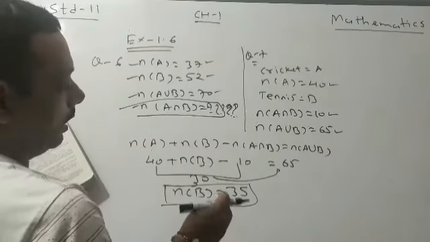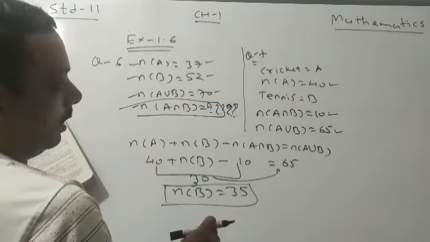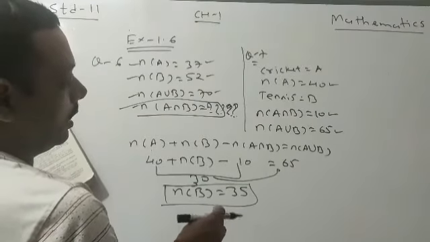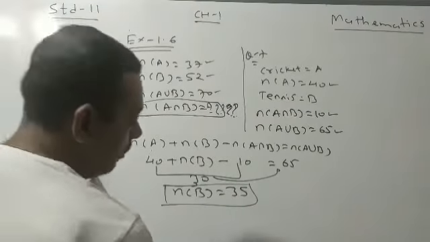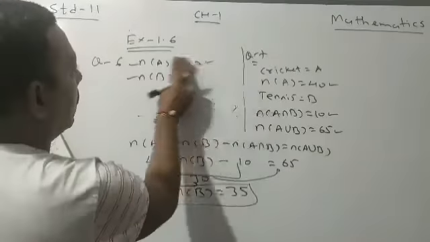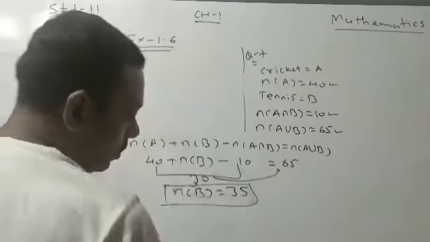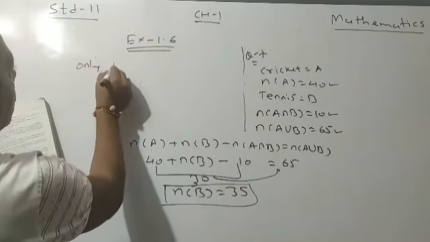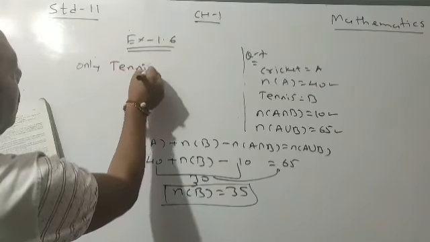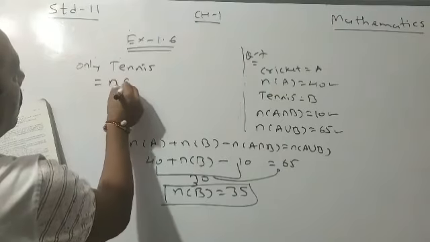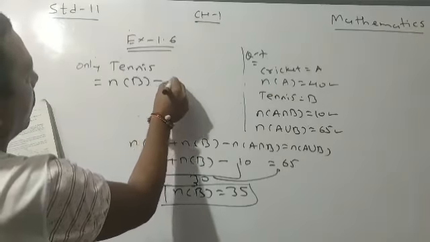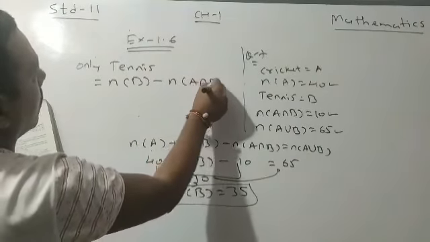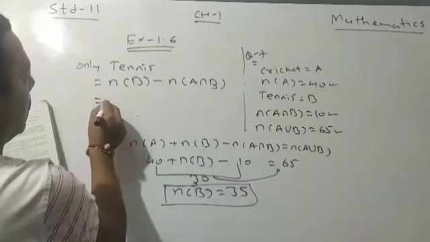contains people who like tennis, but a few people are there who like tennis and cricket both. So when we wish to find exactly only tennis, not cricket, then only tennis means the number of elements of B minus the number of elements of A intersection B, subtract.